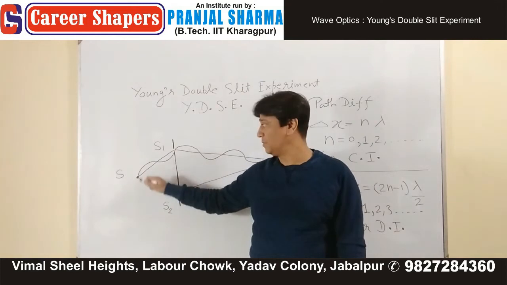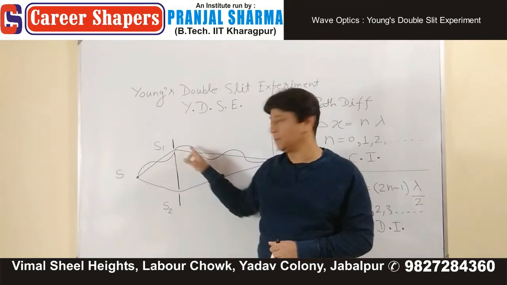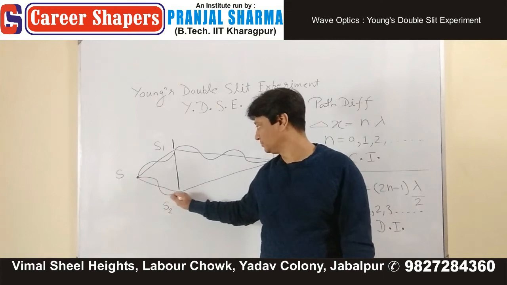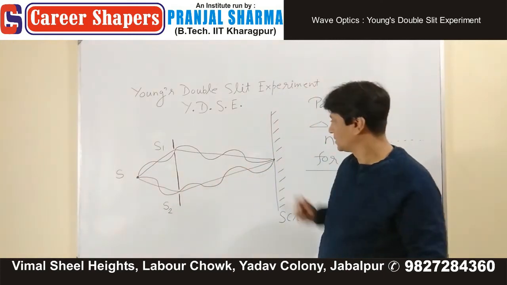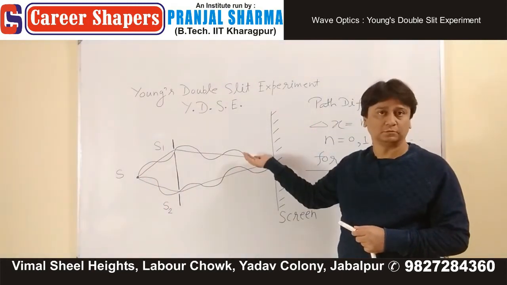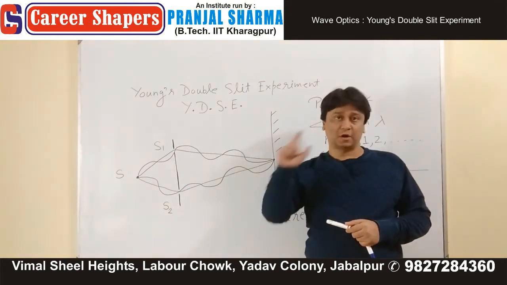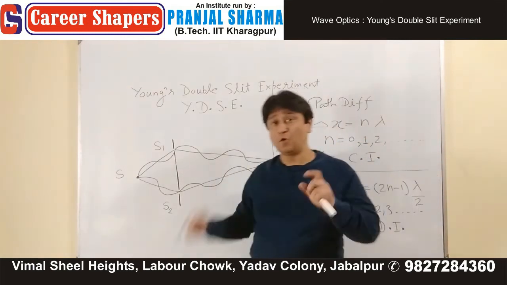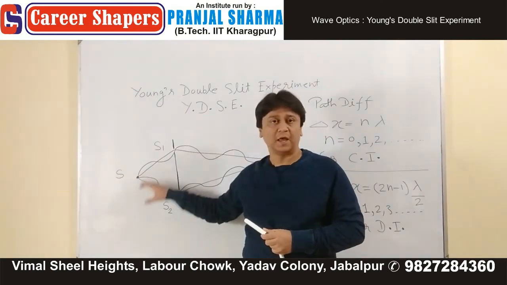S is sending a black wave, meaning the pulse starts like this, up and down, up and down. So S2 also receives the same thing. And what happens? These pulses interfere at this point and produce what? Constructive interference. Now, we have no control over this wave pulse.